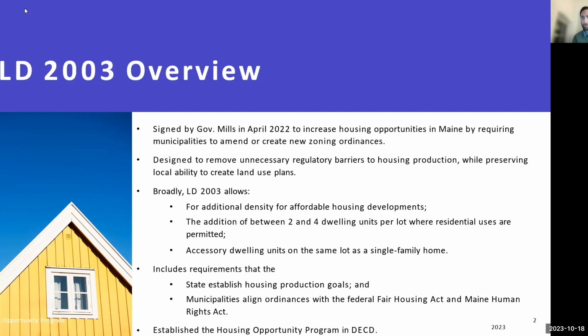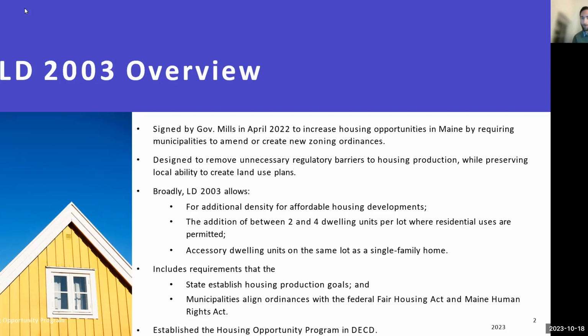Broadly, LD 2003 has 3 different statutes, all individual components. One allows for additional density for affordable housing development. One has to do with increasing density on regular house lots. And the third has to do with accessory dwelling units and allowing accessory dwelling units across the state.